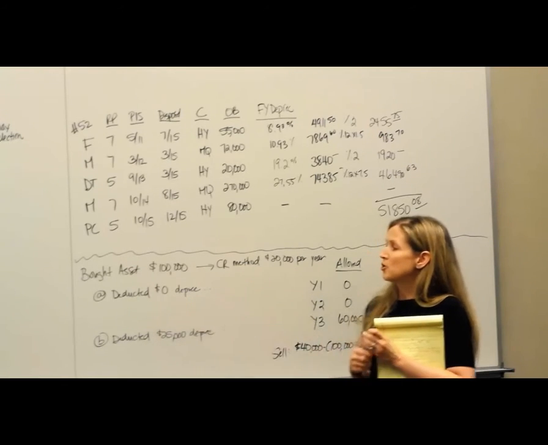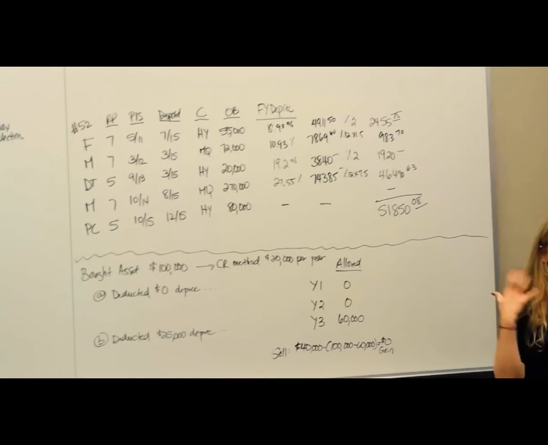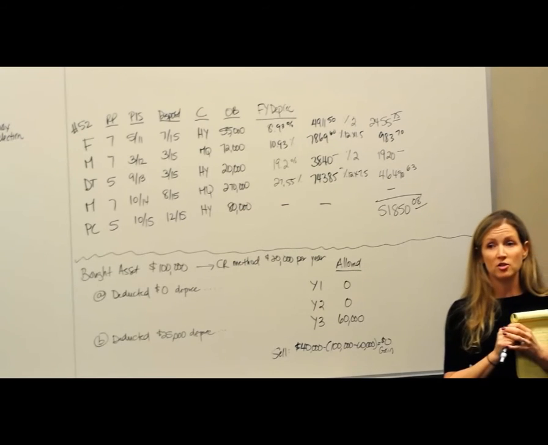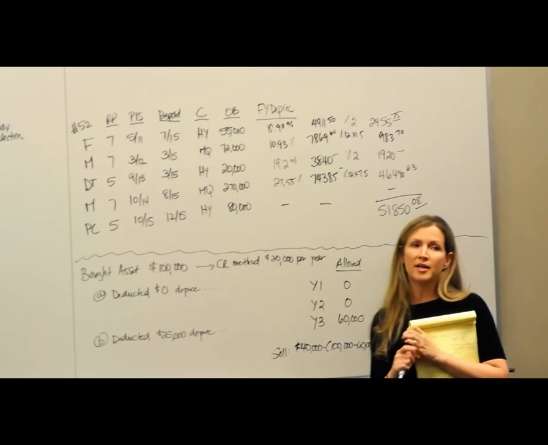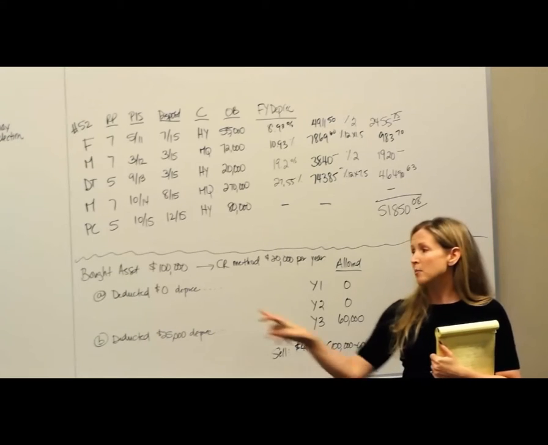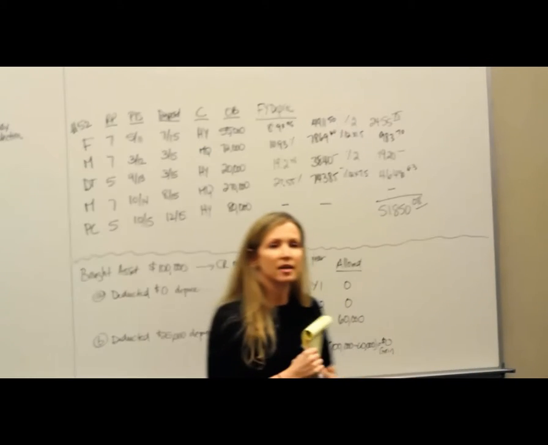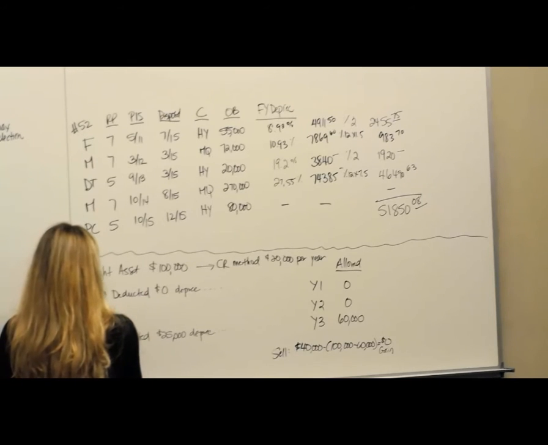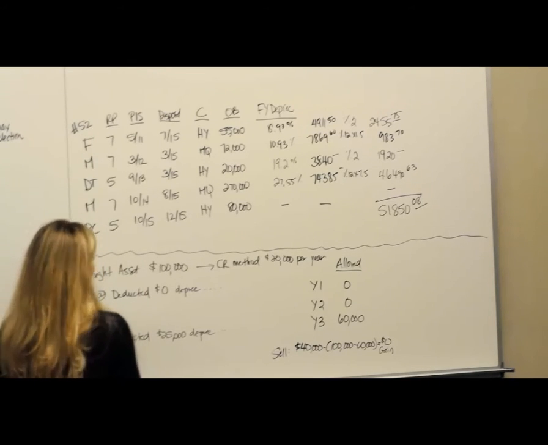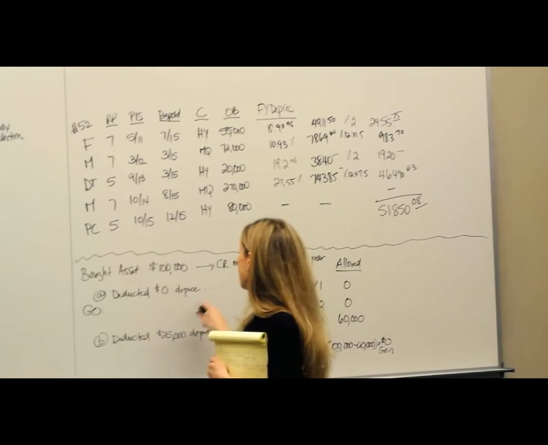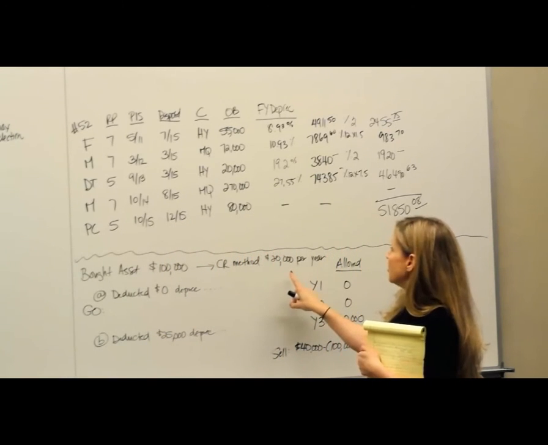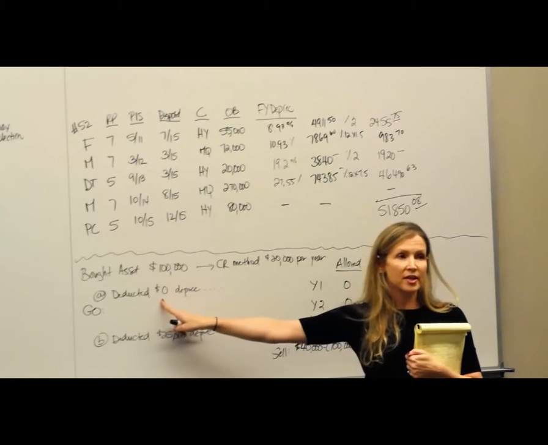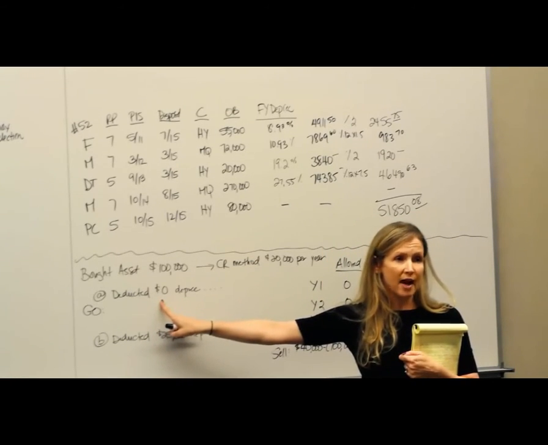What if I deduct absolutely nothing, okay? I don't tell my accountant that I bought this asset and he takes no depreciation, so no depreciation gets deducted on my tax return. What does that mean for my adjusted basis of my asset? What it means is that I have to reduce the adjusted basis of my asset by the amount allowed, which is 0 here, right? I didn't take a deduction. The amount allowed, again, is what I report on my tax return.